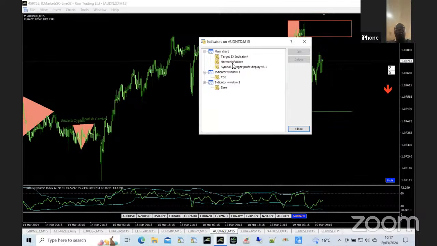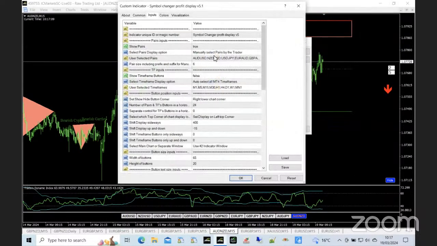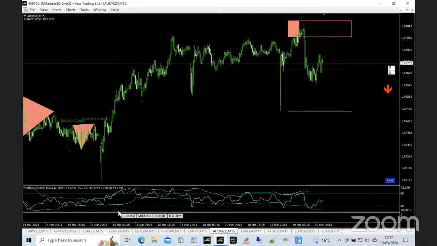So indicator, you can just put like this, and here I will just cut them. So this is Euro USD, GBP USD, USD CHF, USD JPY. Okay, so when I do this, it will change. I will have only 4. You will not see the others. Does it answer the question?